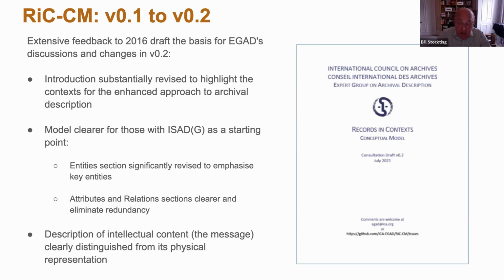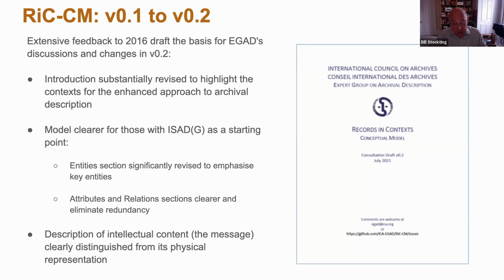The entity section has been reorganized and restructured to emphasize the entities key to those managing records, while the sections on attributes and relations attempt to eliminate redundancy to enhance clarity and understanding. A key change throughout is that the model now clearly distinguishes the description of the intellectual content of a record from the physical representation of that content.